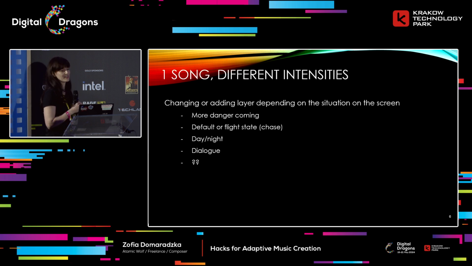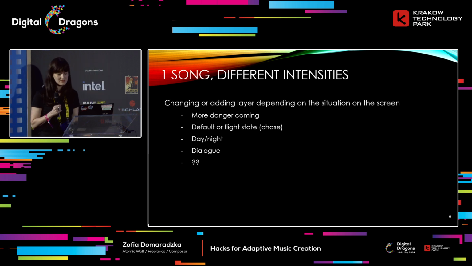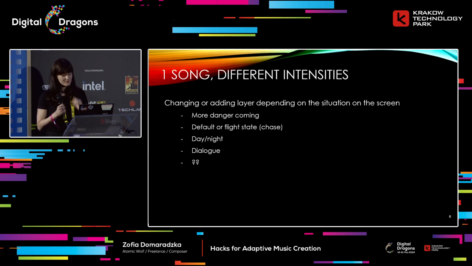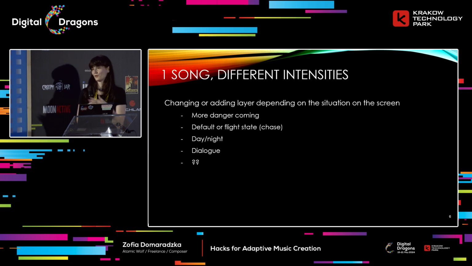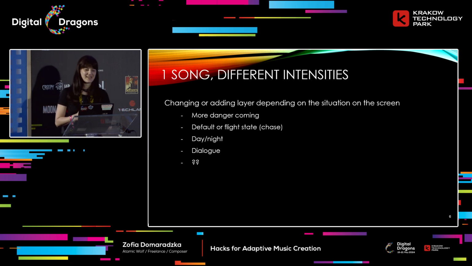Okay, so let's start with something that is probably well known to everyone who has ever made music for games or plays games with music: layering. We had amazing talks yesterday, I think three of them about adaptive or interactive music, so you already know the concept of layering if you went to these talks.